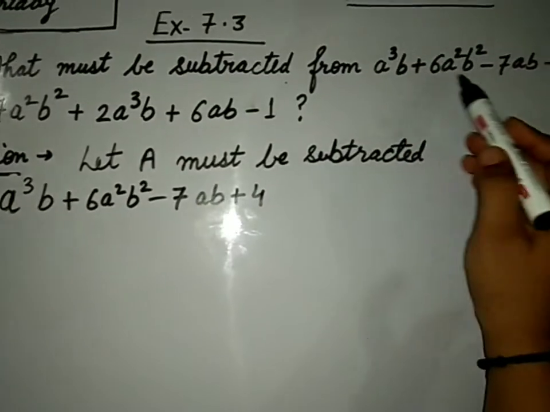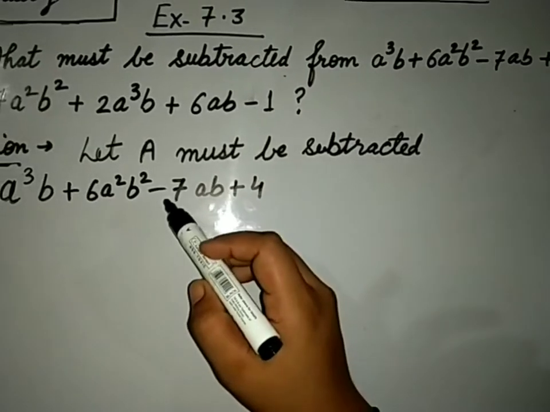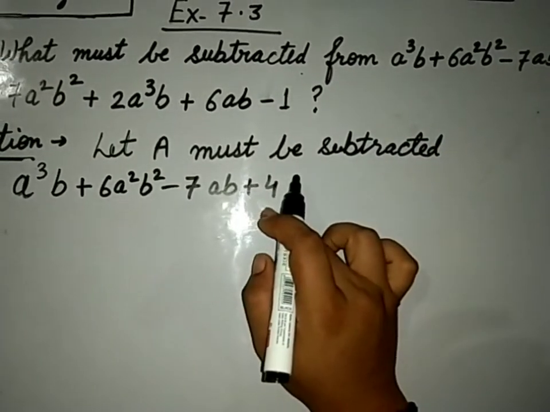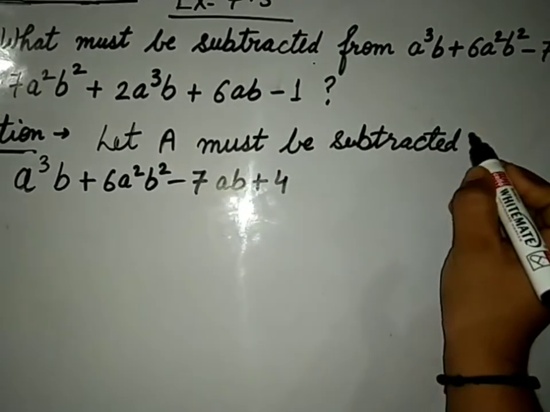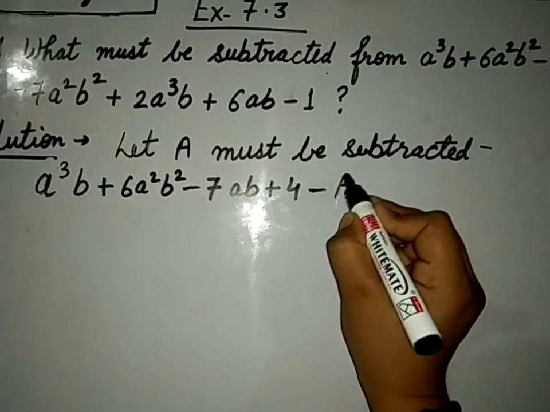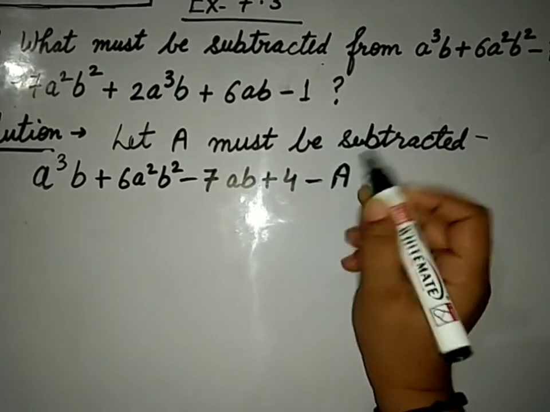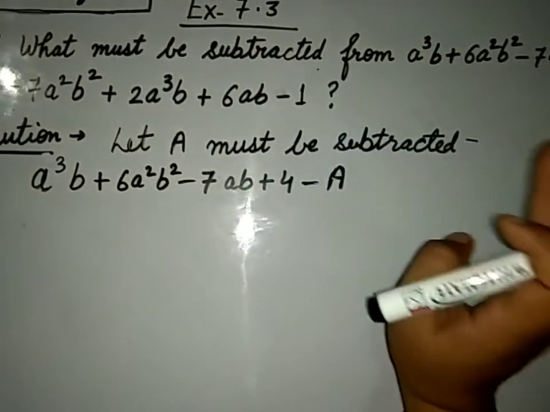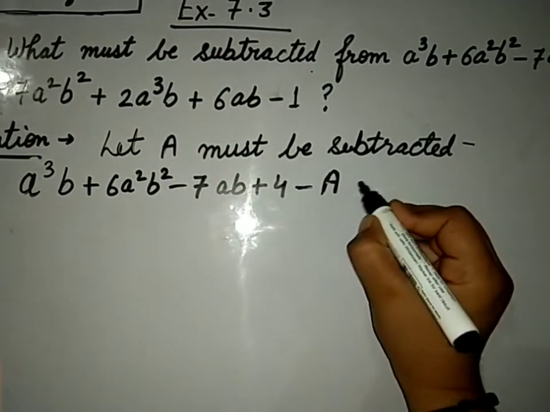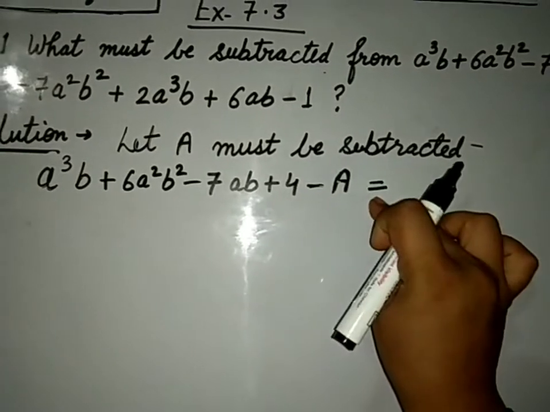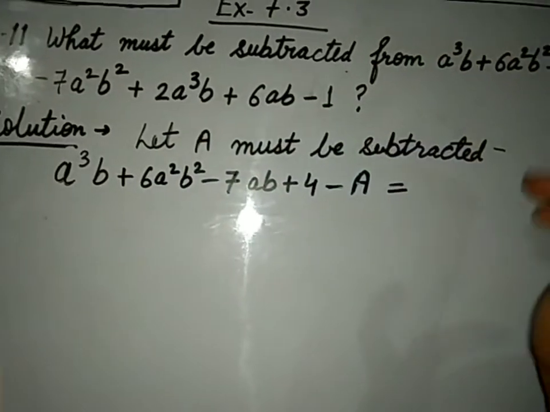Now from this expression A must be subtracted, so minus A. A is that expression which is asked in the question, that what must be subtracted. So if we subtract A from this, we get this expression.